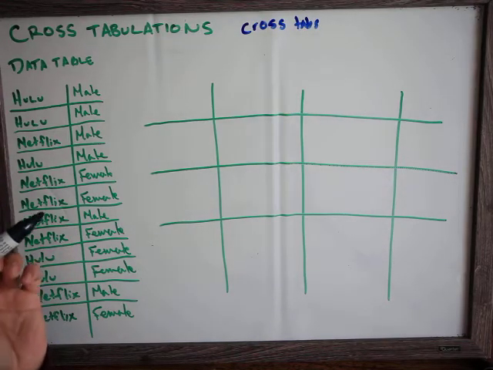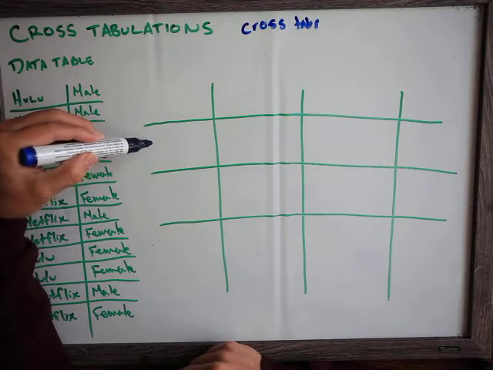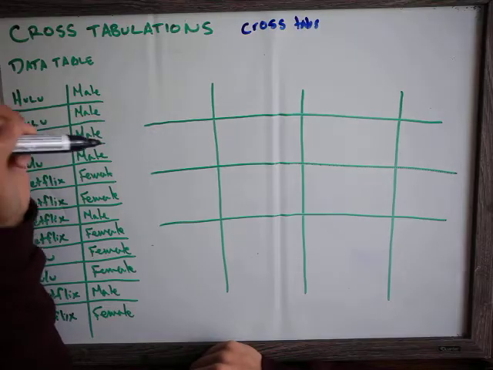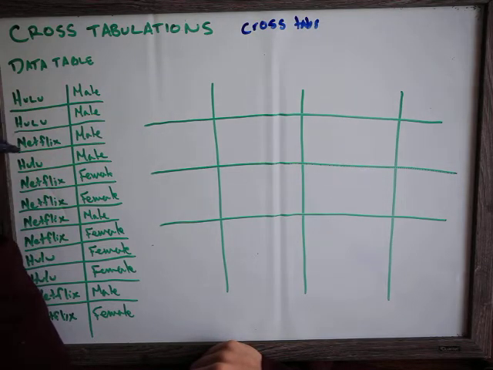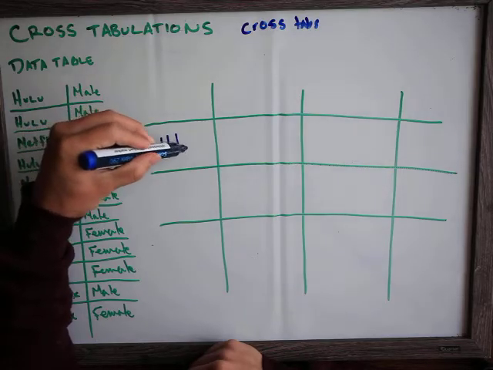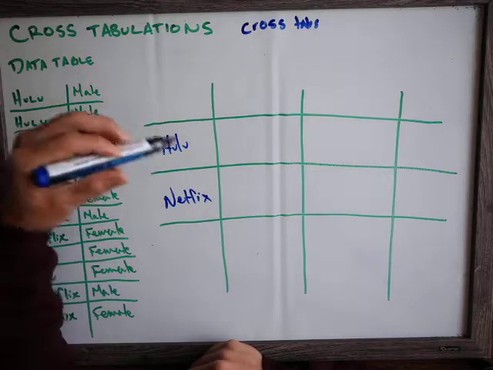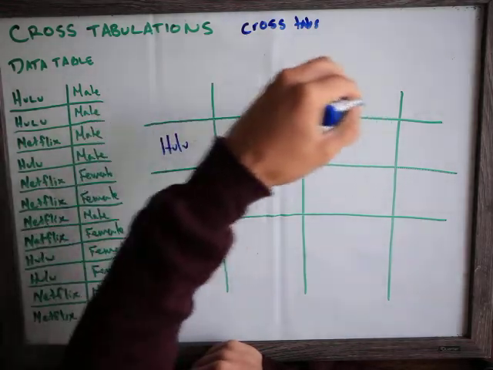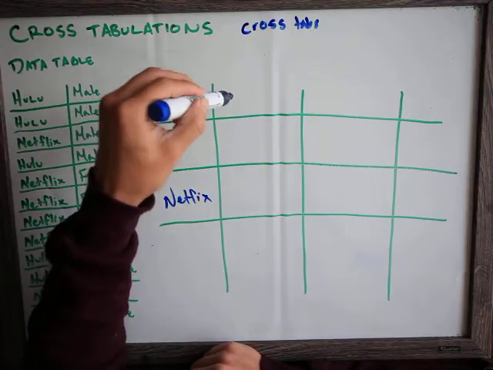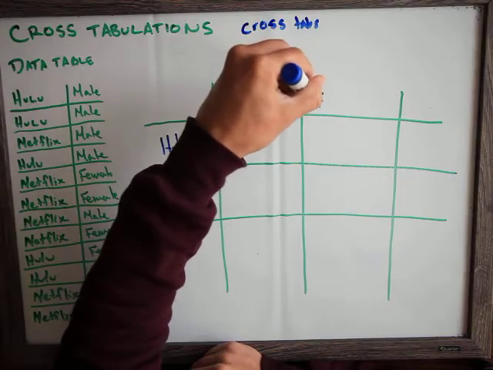corresponds to the others. So in our first column, we're going to list the two options in the first variable, which are Hulu and Netflix. In the top row, we're going to put our two options for our second variable, which are male and female.